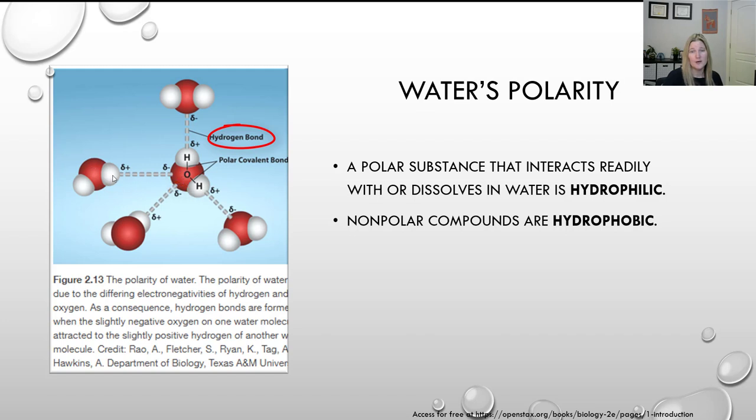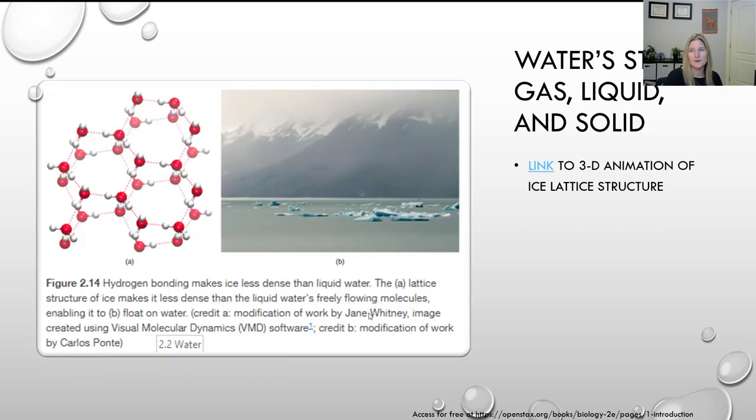Between two water molecules, the partially negative end of oxygen and the partially positive end of a nearby water molecule will form a temporary bond known as a hydrogen bond. This plays a role when we think about water's different states: the gas state, the liquid state, and the solid state.